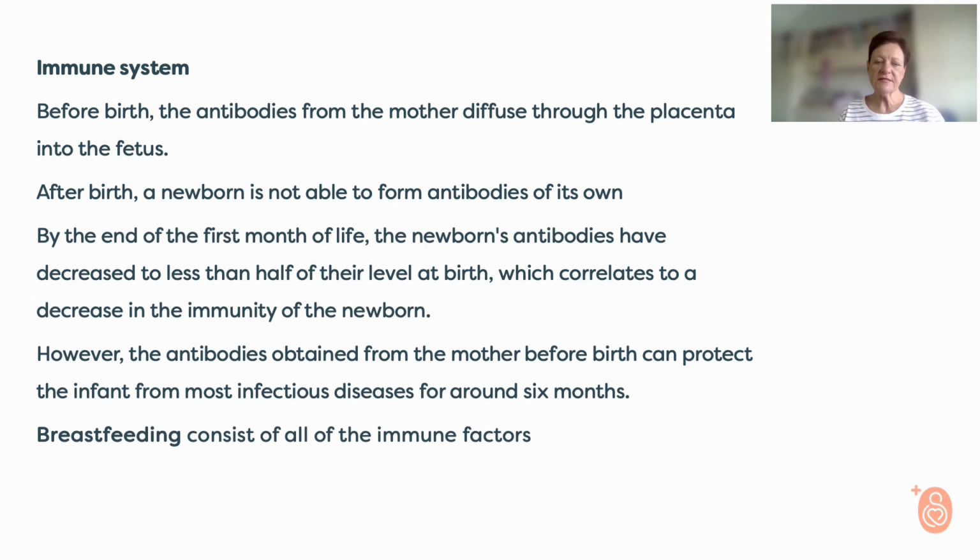And in most cases, these antibodies can protect the baby for up to 6 months after birth. Then gradually these antibodies will disappear, and the baby will have to form its own antibodies, except obviously in breastfeeding, where the baby gets antibodies from its mother, and that helps to protect him against infection.